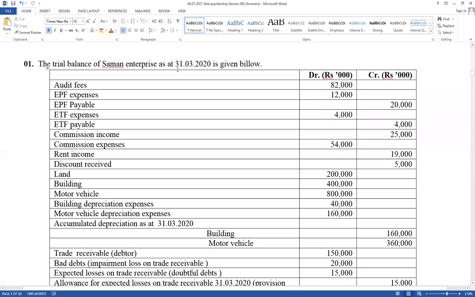Right. Therefore, lesson 6 I am going to discuss now. Sole proprietorships. Under financial accounting, there are 12 lessons. And under A level, there are 4 organizations: sole proprietorship, lesson 6; partnership, lesson 10; company, lesson 12; as well as not for profit making organization, lesson 8.